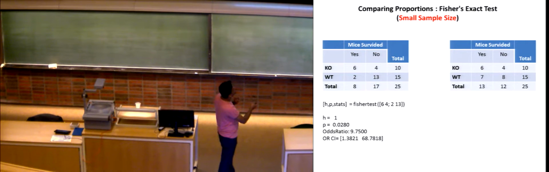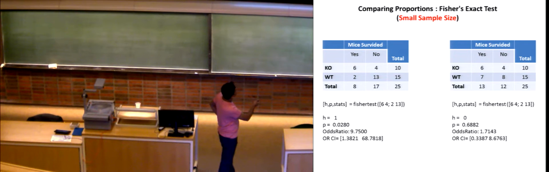Let's take this example. The same experiment, but I have changed the numbers. You see? 6, 7, instead of 2, now it's 7. That becomes 8. And if I do the same thing, H is equal to 0, meaning that I fail to reject the null hypothesis. So the p-value is not significant, and the odds ratio confidence interval is 0.33 to 8.6. Does it include 1? Yes.